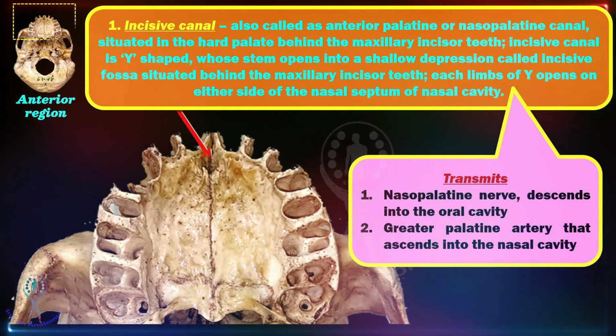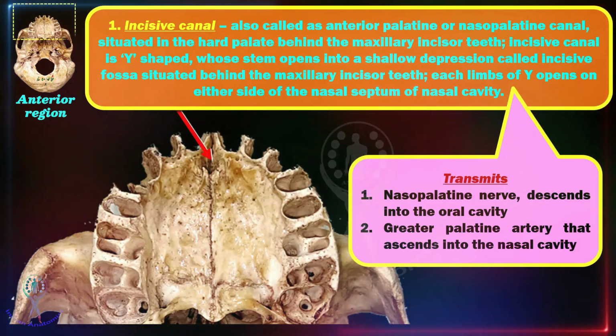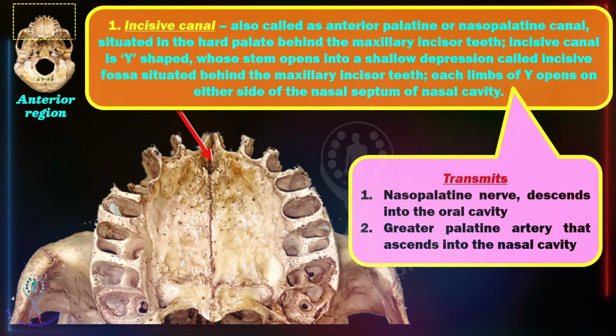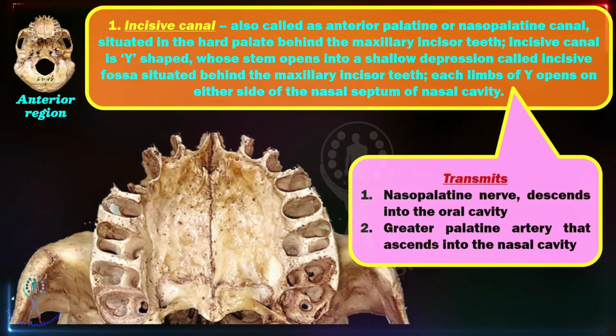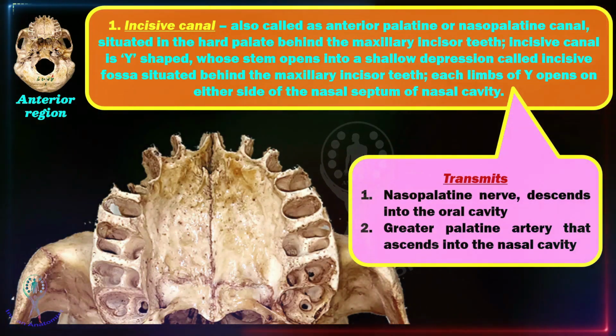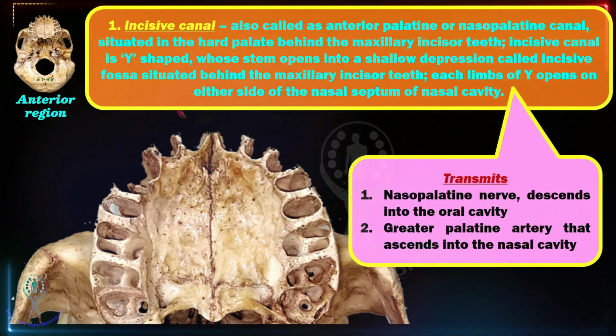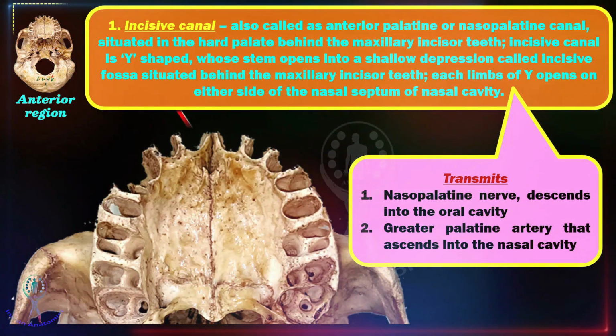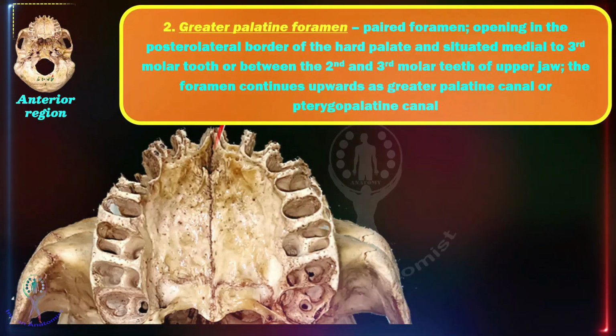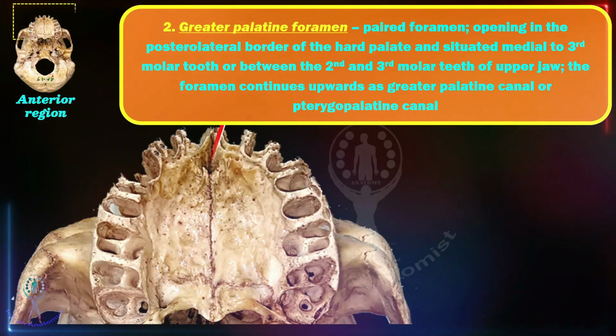The incisive canal transmits two structures: the nasopalatine nerve, which descends from the nasal cavity into the oral cavity, and the greater palatine artery that ascends into the nasal cavity from oral cavity. Next foramen, the greater palatine foramen.